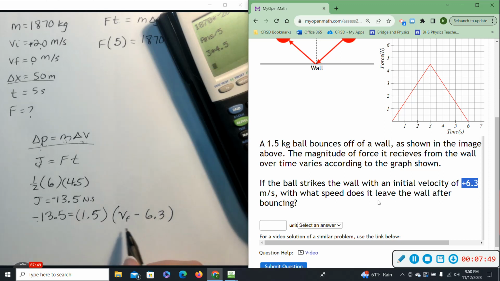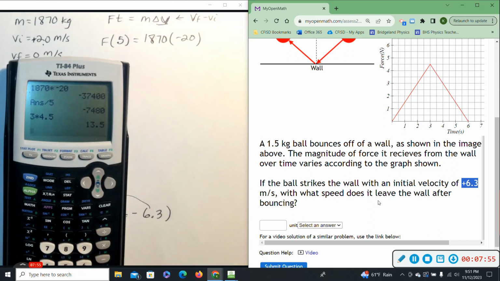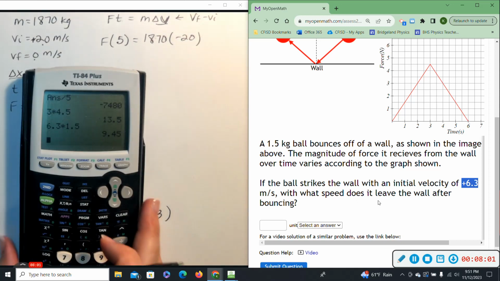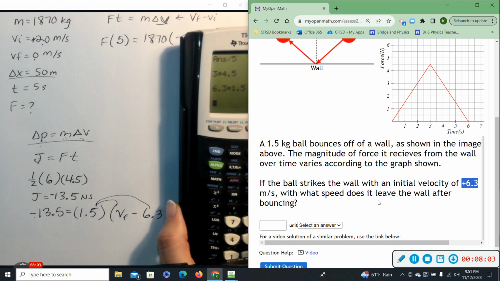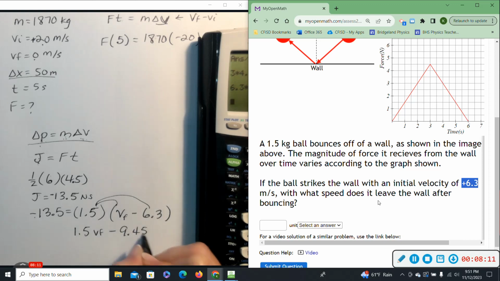All right, so from here, I'm going to distribute the 1.5 into the parentheses. I need 6.3 times 1.5, and I get 9.45. So I have 1.5 times VF minus 9.45 equals negative 13.5.